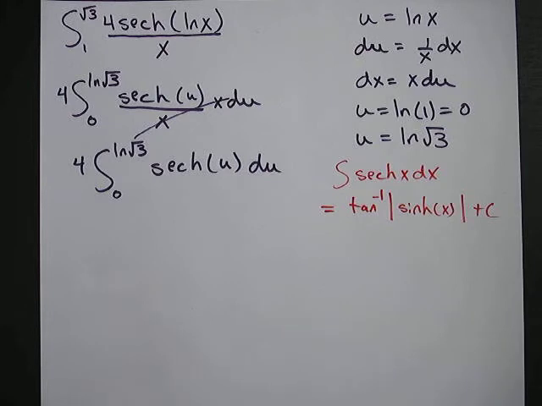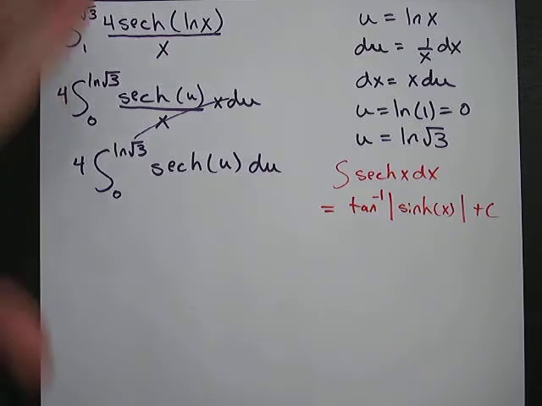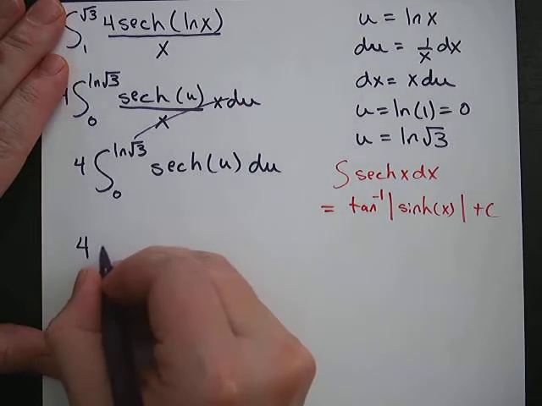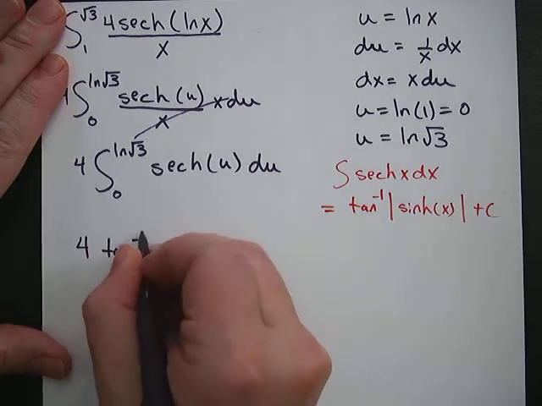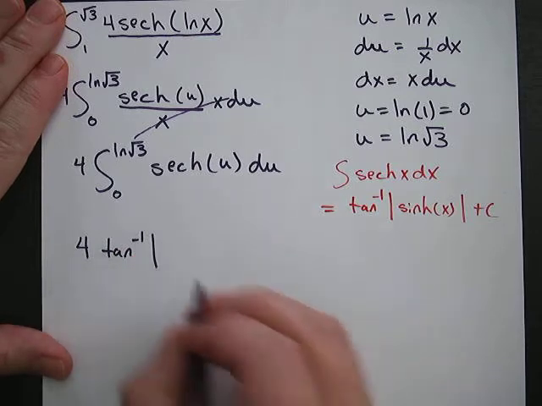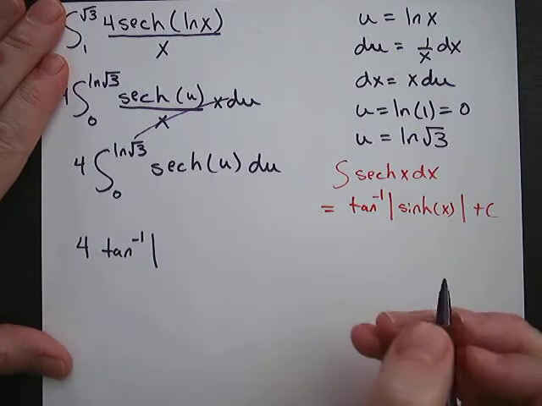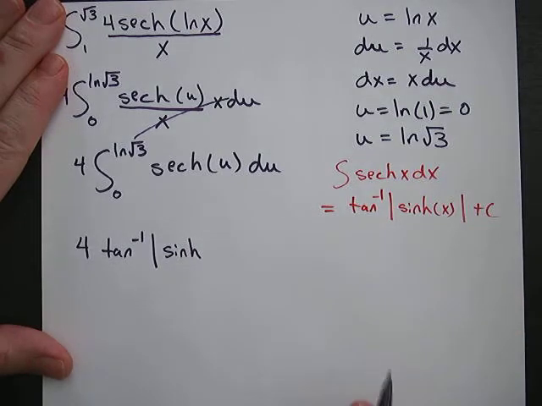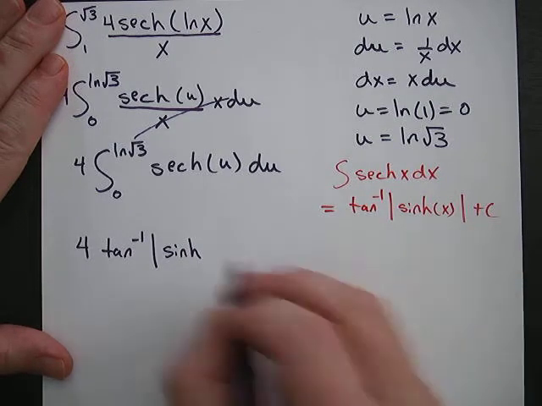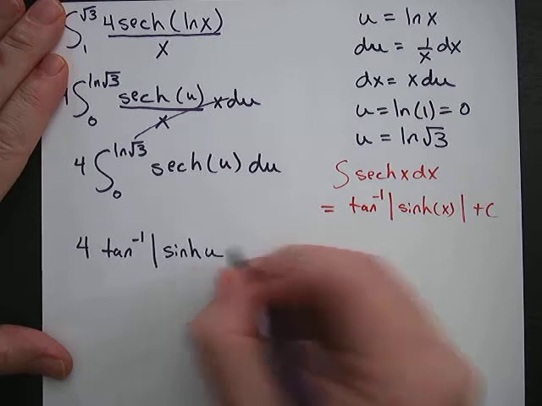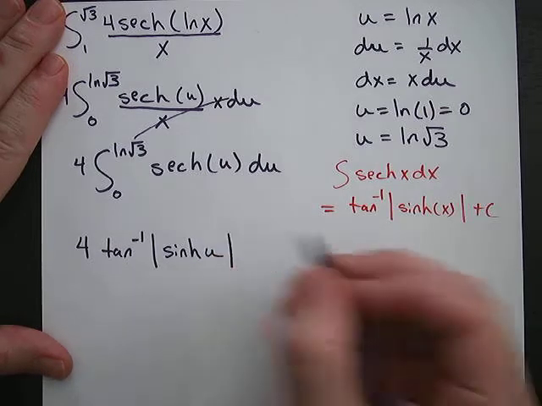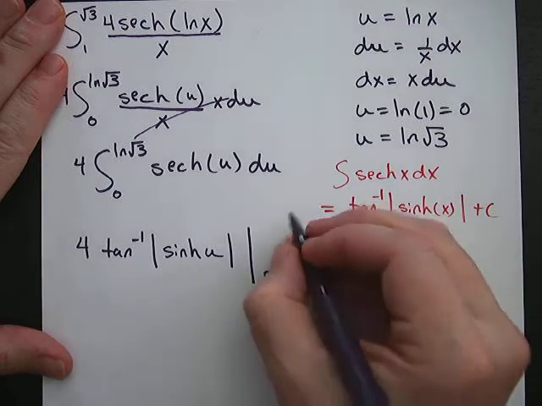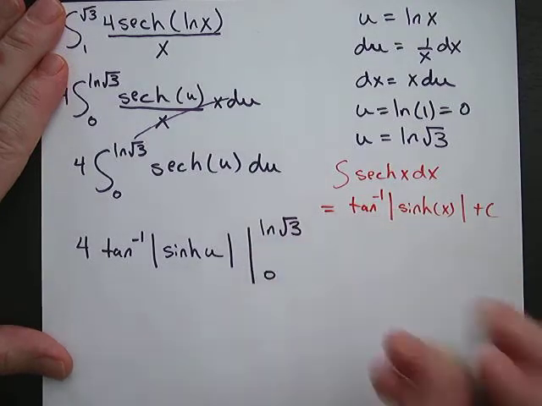Okay, so we can write that down, and then we have to put in our limits of integration. So we have 4 times tangent inverse of the absolute value of sine, hyperbolic sine, and then we need to plug in u instead of the x. So u, close parentheses, and then this needs to be evaluated from 0 to ln square root of 3.